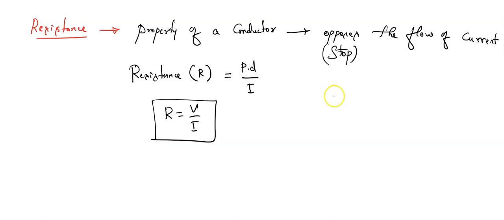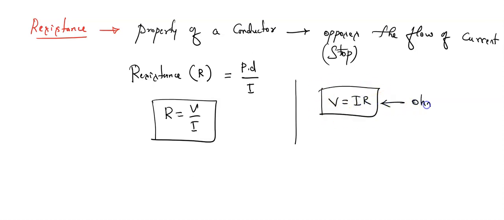As we have seen just before, V is equal to IR, which we got from Ohm's law. Now keep R on the RHS and shift I to the LHS. What happens?